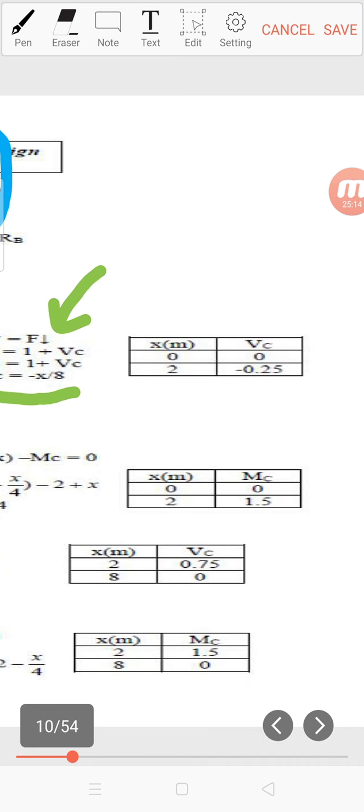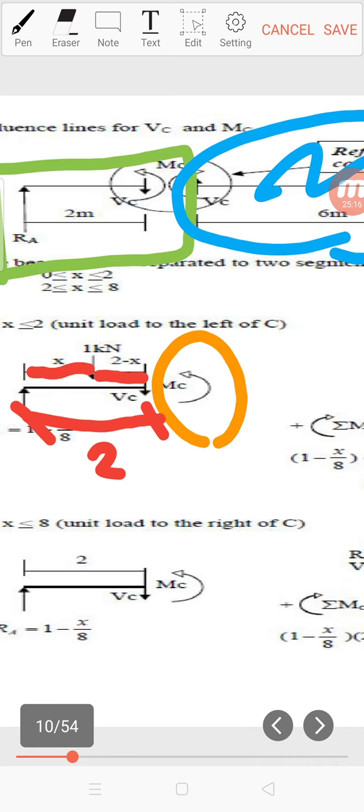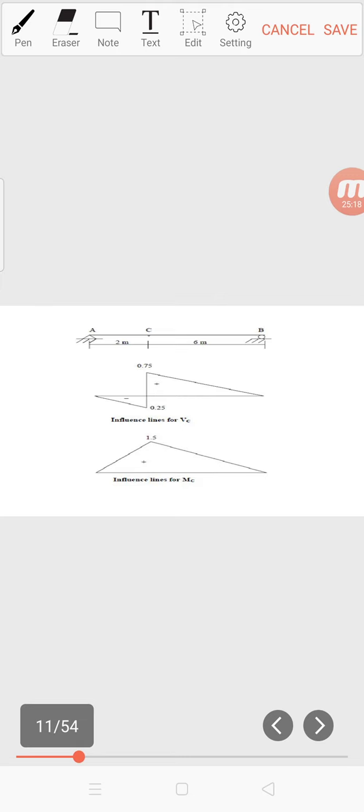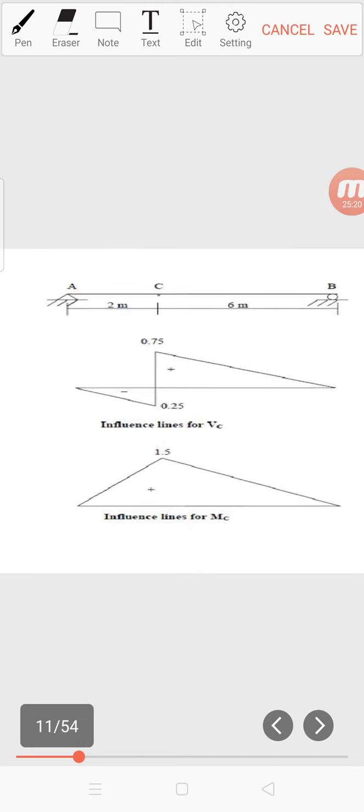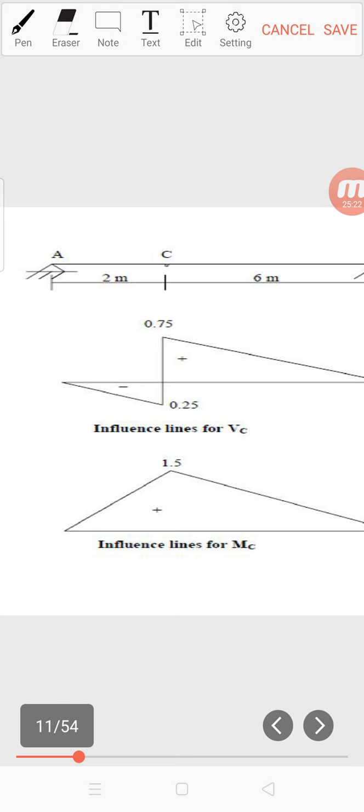Now you can draw the influence line, not the shear force and bending moment diagram. You can draw the influence line for shear. This is not a shear force diagram, I'm sorry.